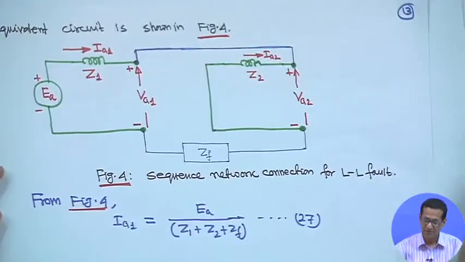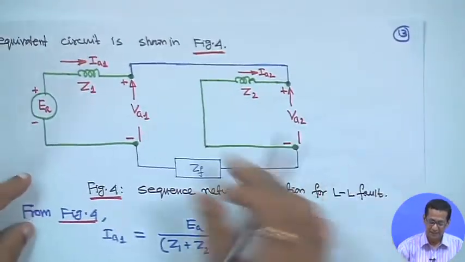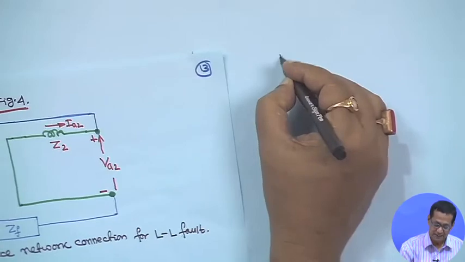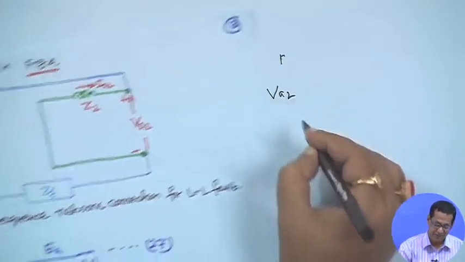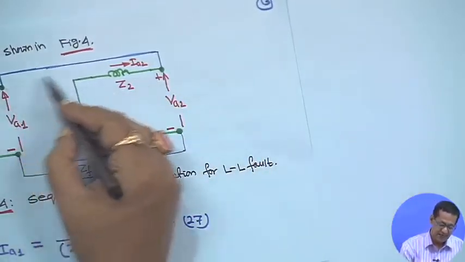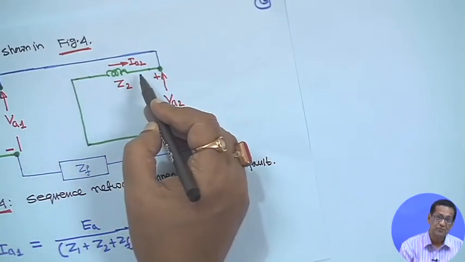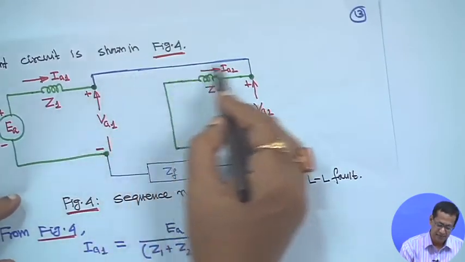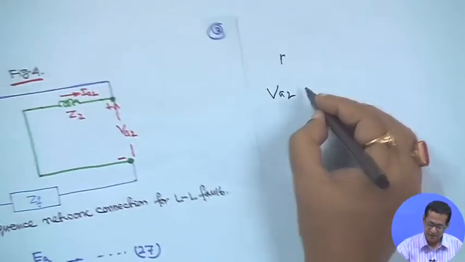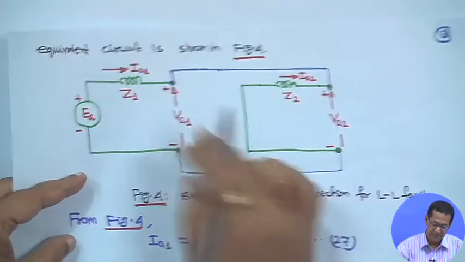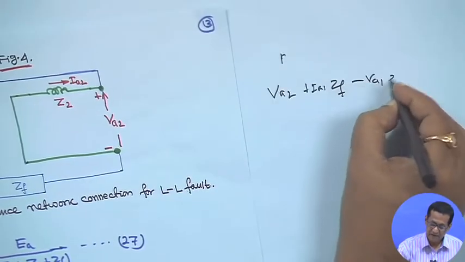Let us take this IA1 as moving like this, of course IA1 is equal to minus IA2, but we consider IA1 moving only in this direction. So it is IA1 ZF and then minus VA1 is equal to 0.